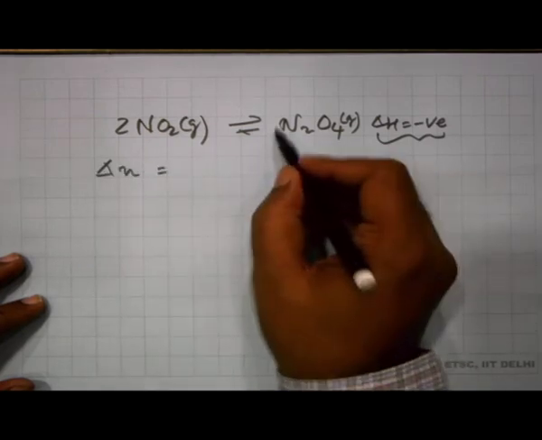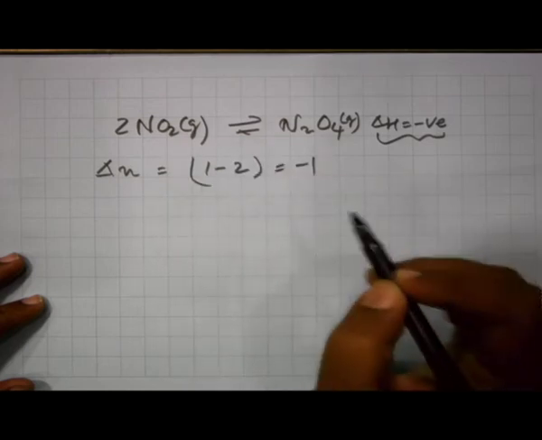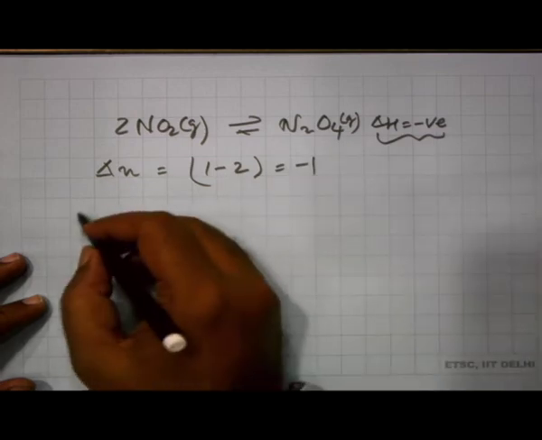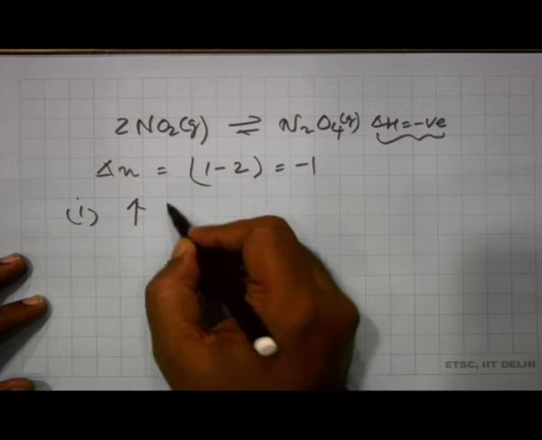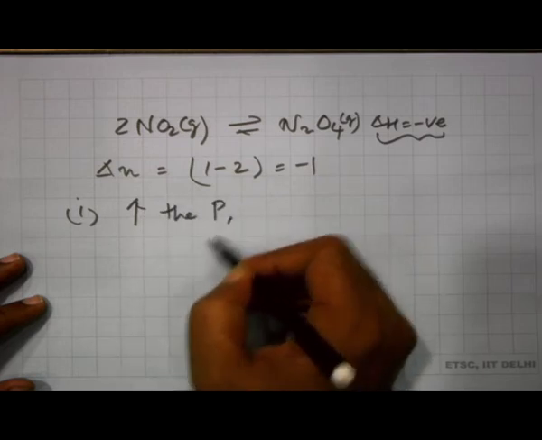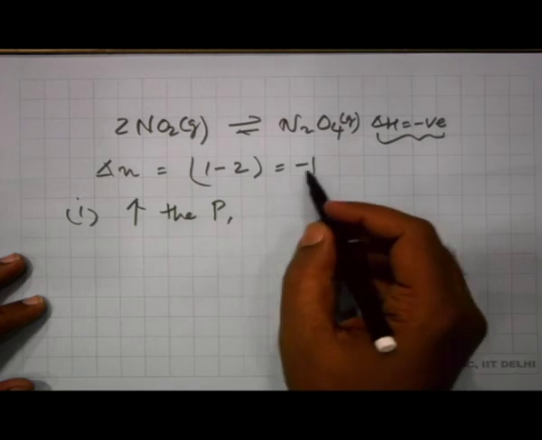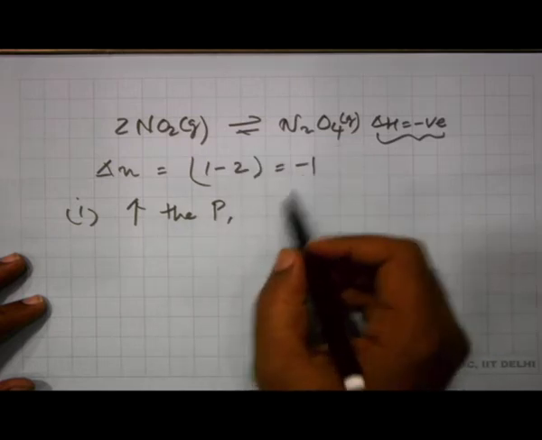Delta n is 1 minus 2, which is minus 1. It means pressure and volume will affect. If I increase the pressure, you see this is minus 1, so forward reaction will be favored.